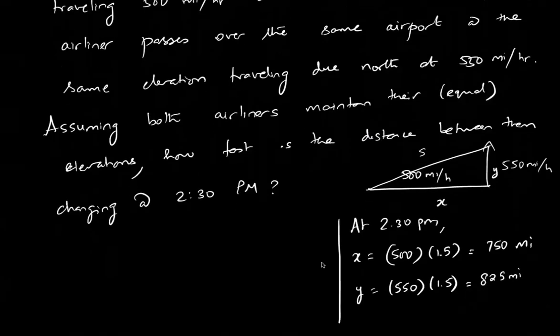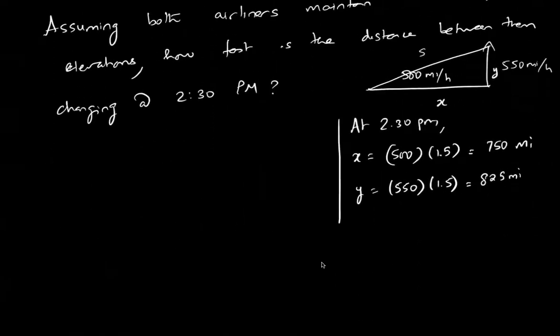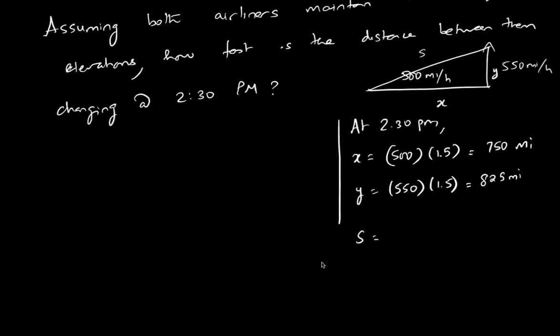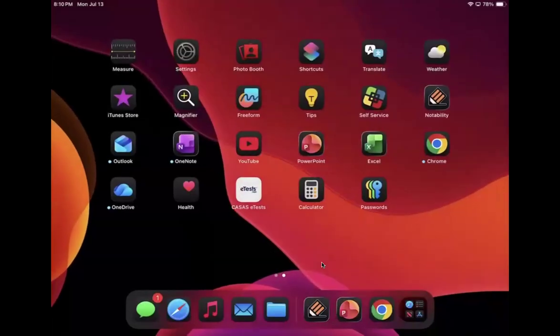Now at the same instant, I'm going to find what s is. So s will be the square root of 750 squared plus 825 squared. So this is using the Pythagorean theorem that we used in the last problem. So I'm just going to do that and get the answer right away here.